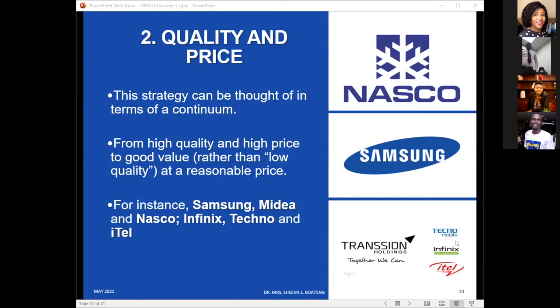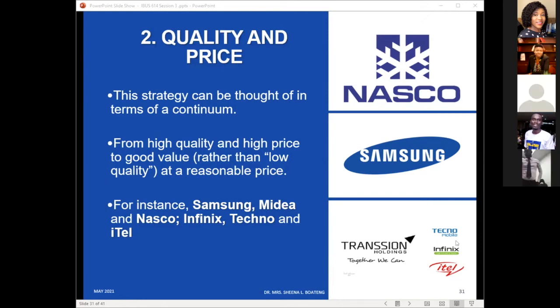Wow. So Samsung, NASCO, and Media are owned by the same company. NASCO and Media are positioned as the more affordable, reasonably priced brands under the umbrella, whereas Samsung is the high end of the three. But they are owned by the same company.